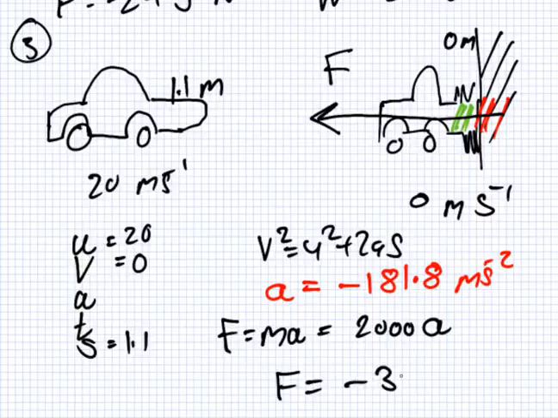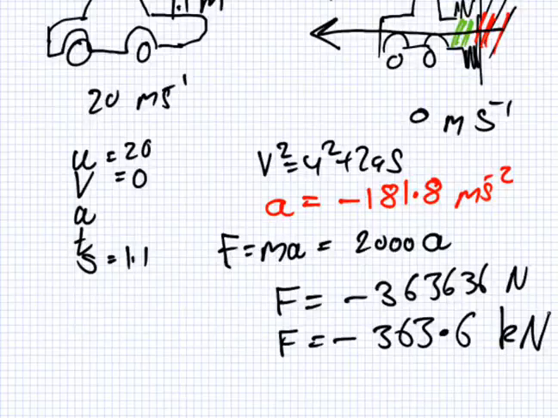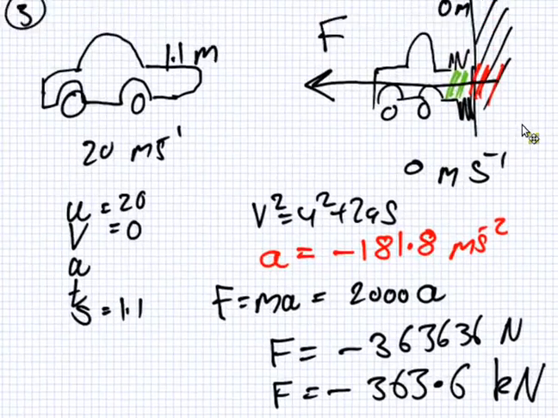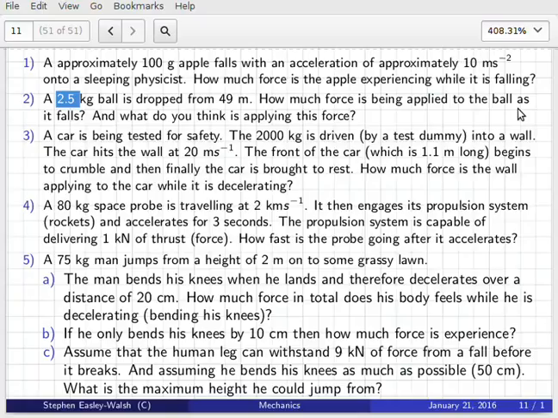So it goes 20, 19, 18, 17, 16, all the way down to 0, and then it stops. And then the front of the car gets compressed. While the car is compressing, the wall gives a force that way to stop the car. So the U is 20 and the V is 0. Does that make sense? And the S is 1.1.